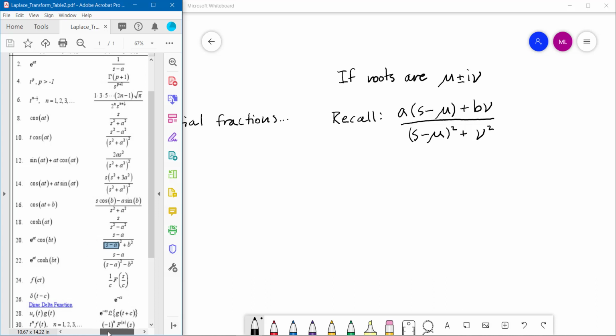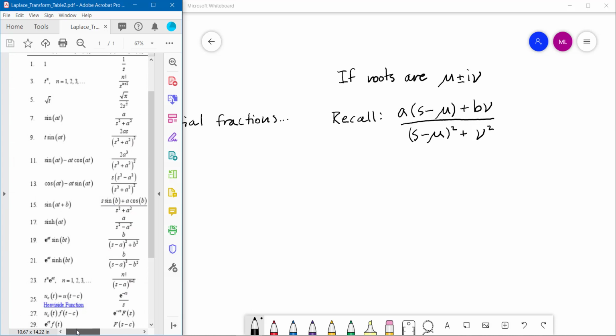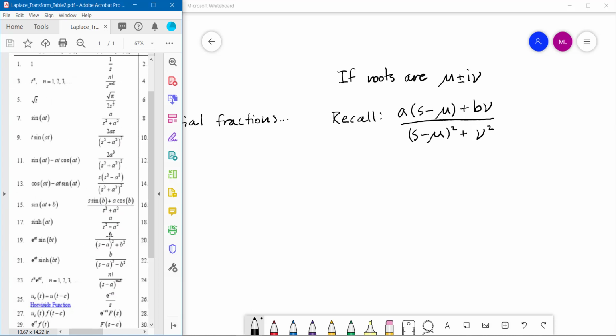Similarly, if we go over here to equation 19, I can't just have any constant in the numerator to match this form. I need the constant up here if I'm doing the e to the at sine of bt transform. I need the constant up here to match the number down here. So again, I need an eta up here to match the eta squared down here. This thing that looks like a squiggly v is the Greek letter eta.